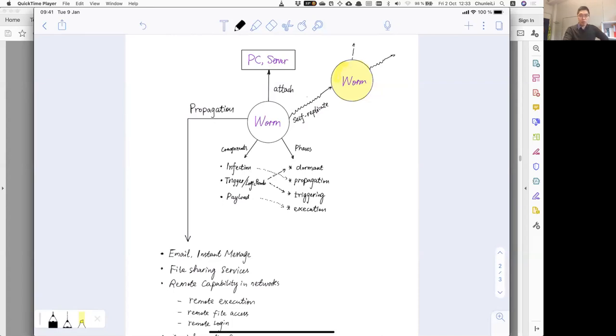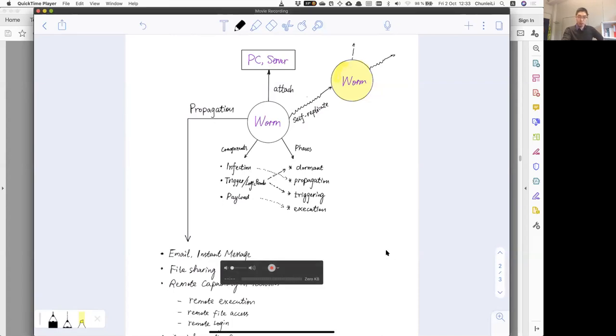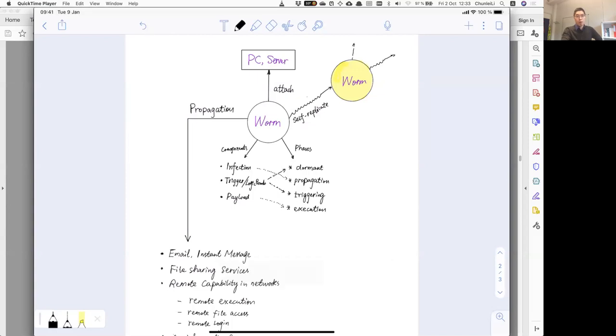But after the invention of the internet and its popularity, more and more computer systems are connected within a local network or within the internet. So it's rather natural for worm writers and developers to think of how they can spread their malicious worm in a more efficient way, right?